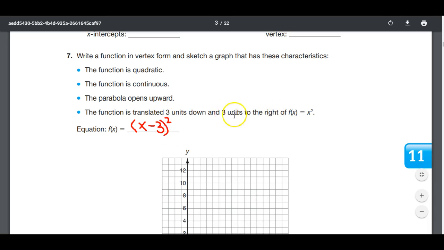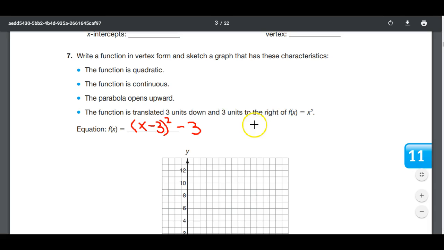And then if I want to go 3 units down, I've got to subtract 3. Do I need to put a number up here? No, because it's not being vertically dilated in any kind of way. So I just need to make sure that's a positive number here. As long as that's a positive number, I'm fine. It opens upwards, so I know it's a positive number. So that's it.